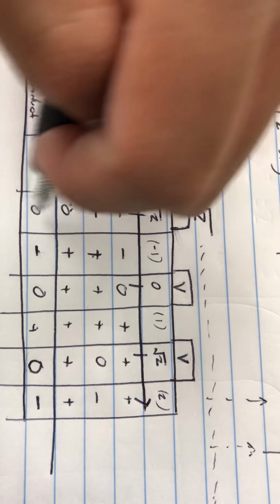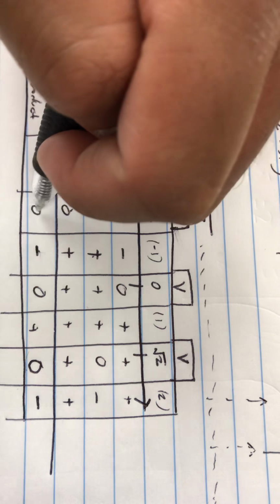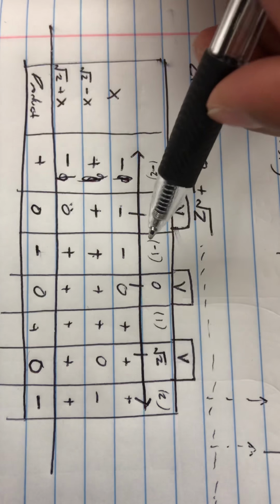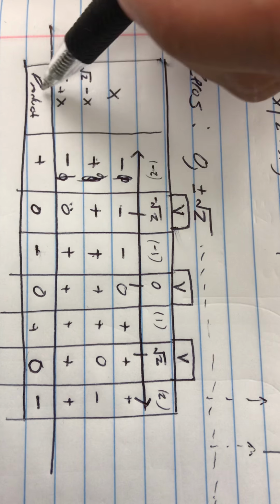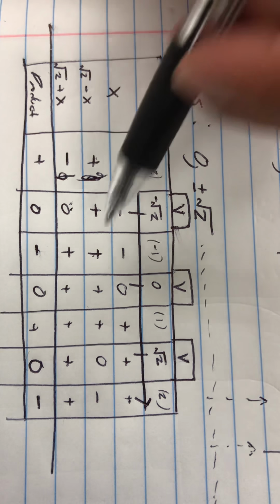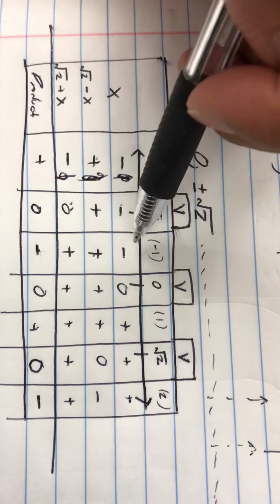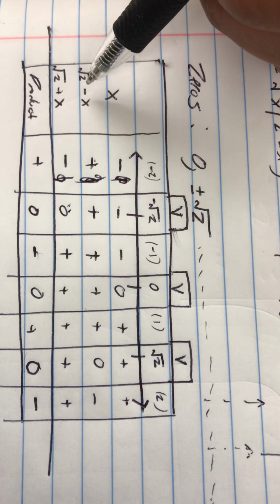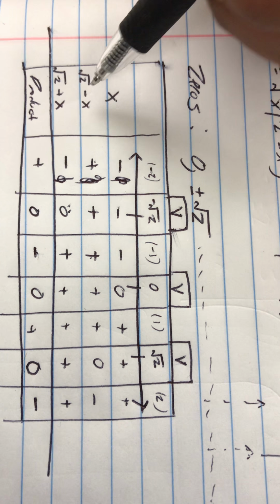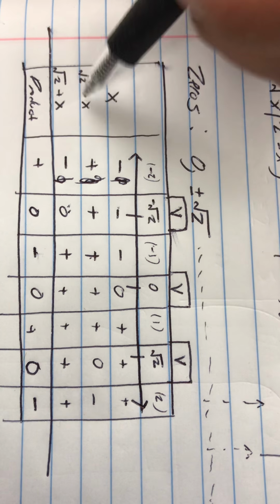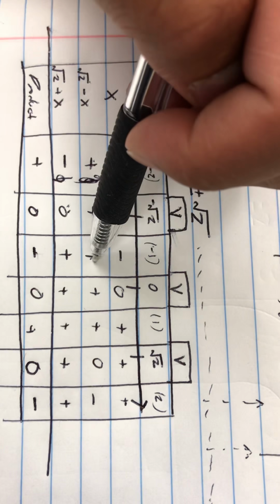With this situation, you have a 0, so it's automatically going to carry down to make a 0 as the product. When you have negative 1 coming into these different terms, negative 1 times x is going to be negative 1. A negative 1, when you plug that into this term, square root of 2 minus x, because this is a negative and that's a negative, it becomes square root of 2 plus 1, which is a positive number.